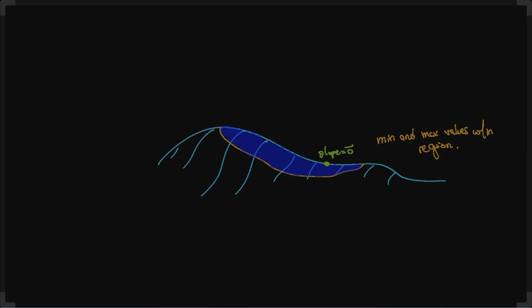But we also have this boundary. Suppose I walk along the boundary, in this direction. It doesn't really matter which direction I'm going in.